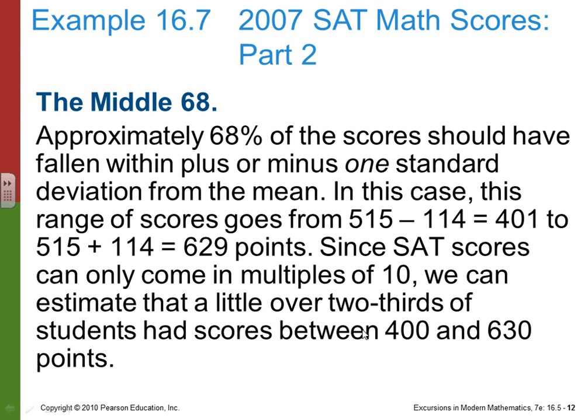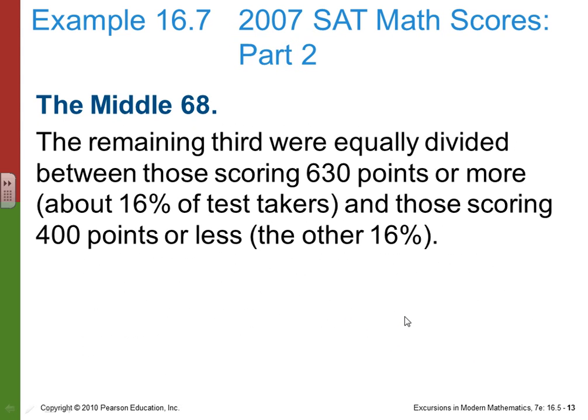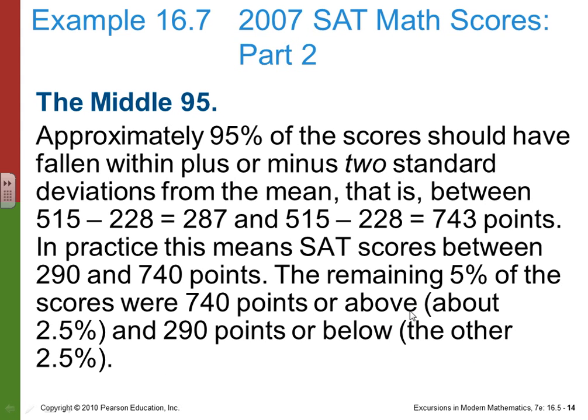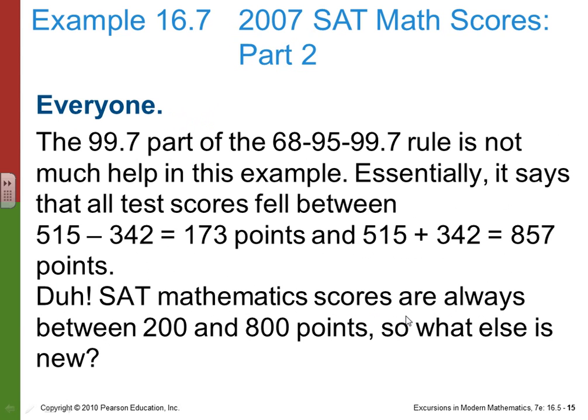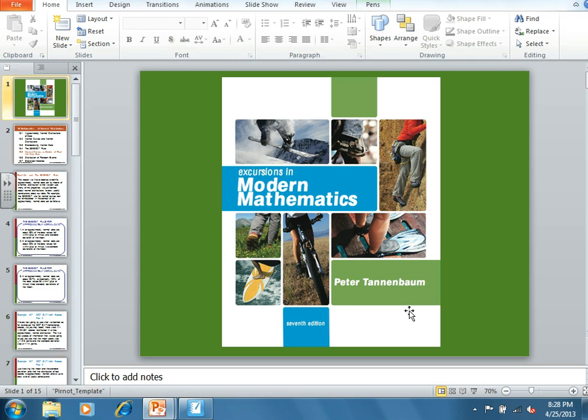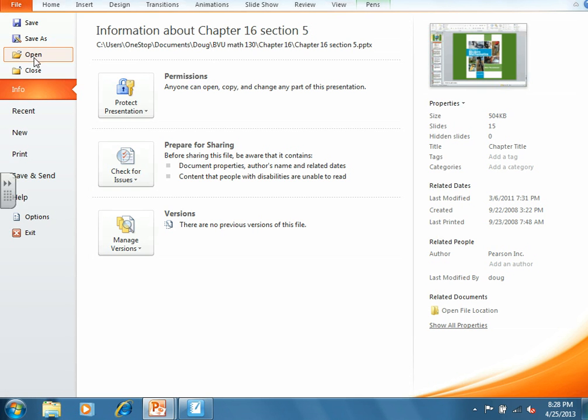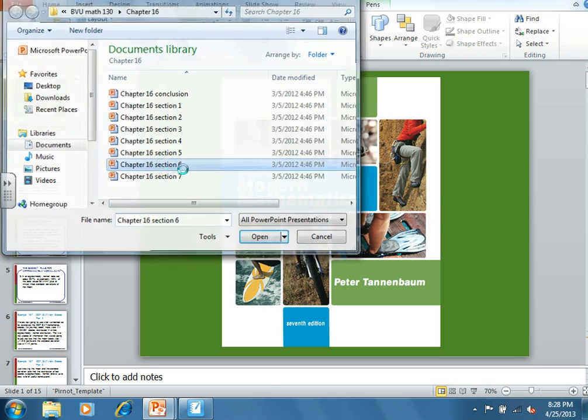Approximately 68% of the scores should fall between those two places, and they do. Isn't that nice? And approximately 95% do that. They do, and almost everybody scores within that. Isn't that lovely? That told me absolutely nothing. Sure, I'm glad we got through that, though, because now we don't have to put up with it anymore.